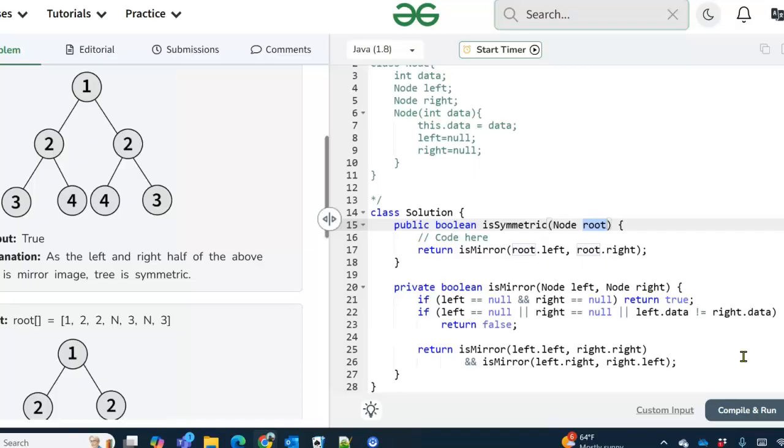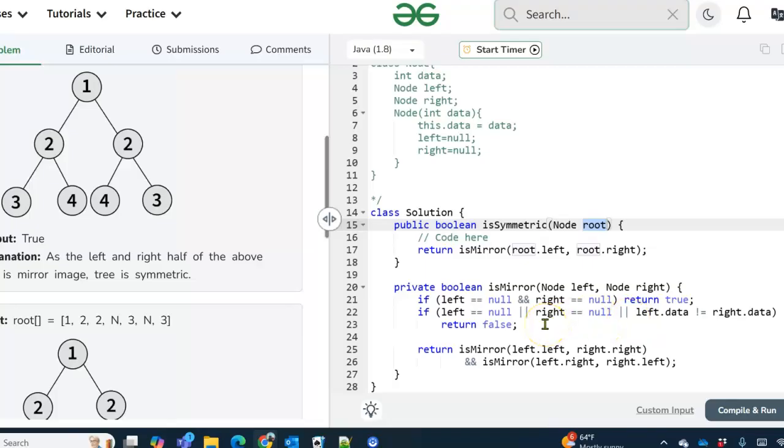All right. If none of the base cases applies, then we're good so far. In this case, we would be good so far. We get 2 and 2. They're not null. The data is equal.